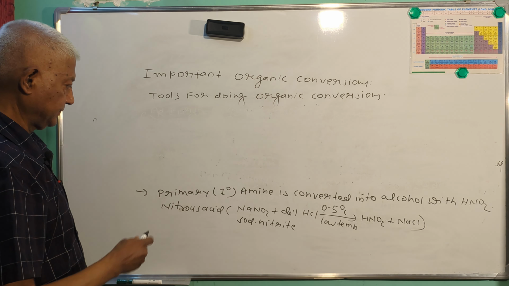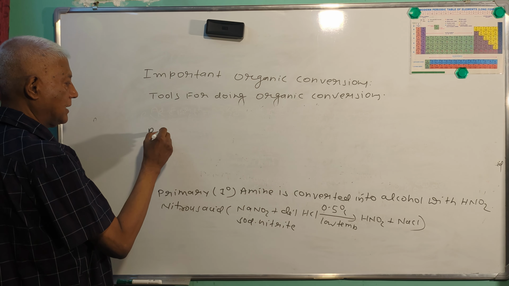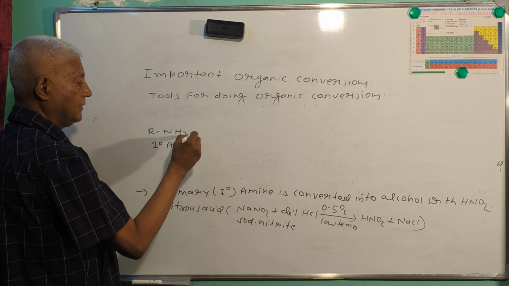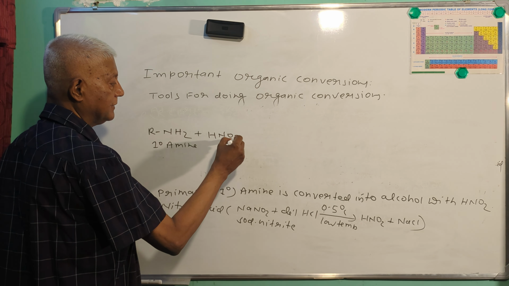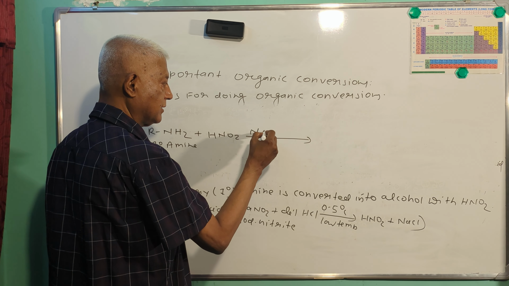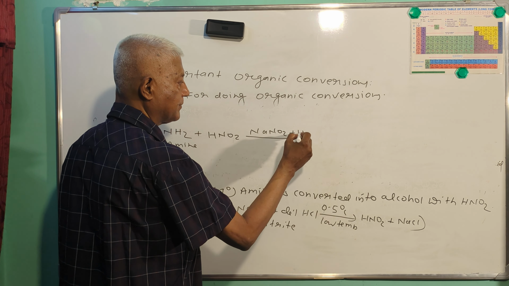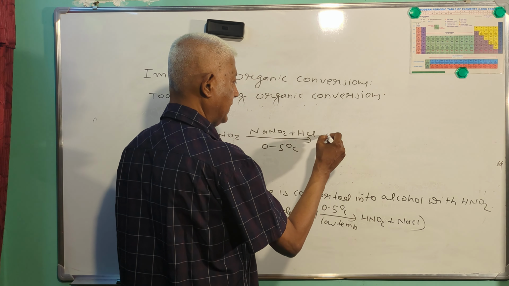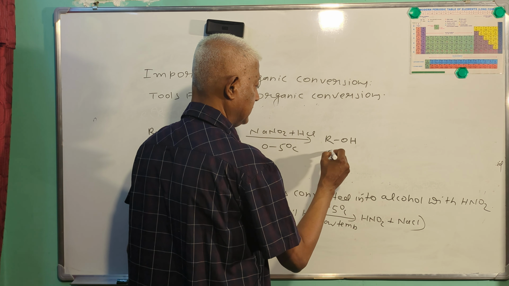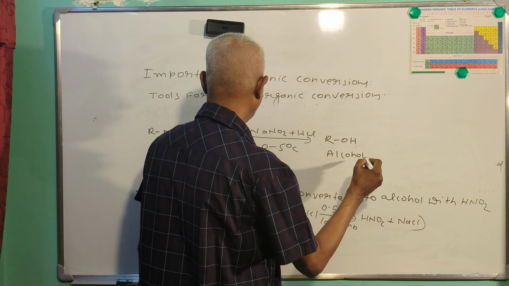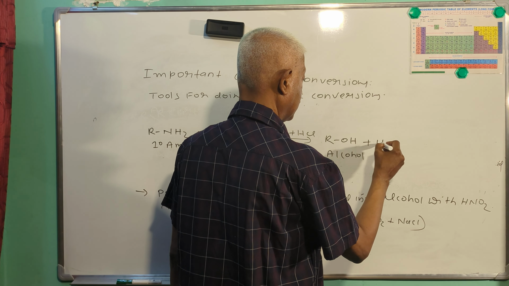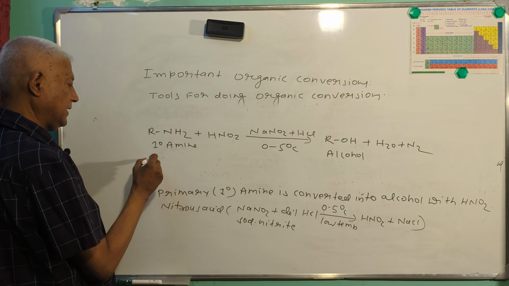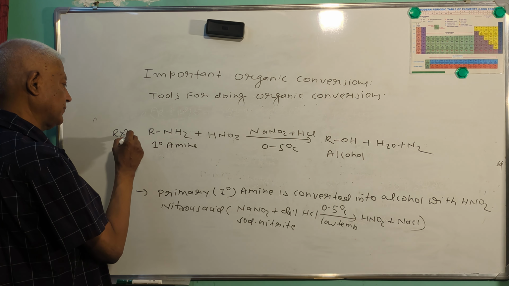Primary amine RNH2, that is known as first degree. When that is treated with HNO2, that comes from the reaction of sodium nitrite plus HCl at 0 to 5 degrees centigrade, what we have? Alcohol plus H2O plus nitrogen. Yes.